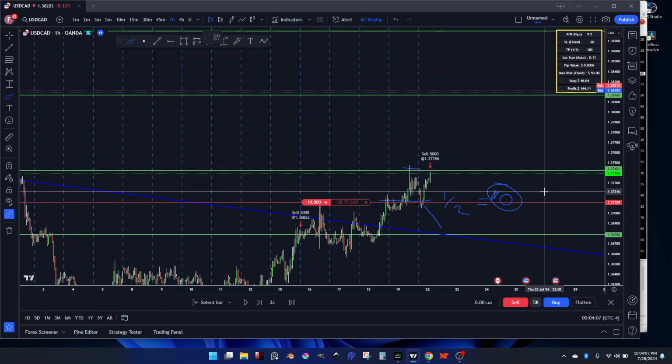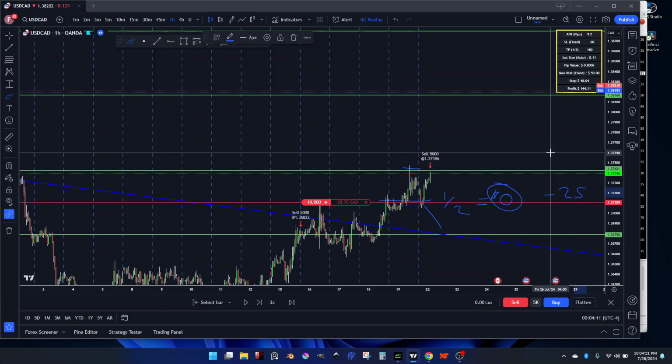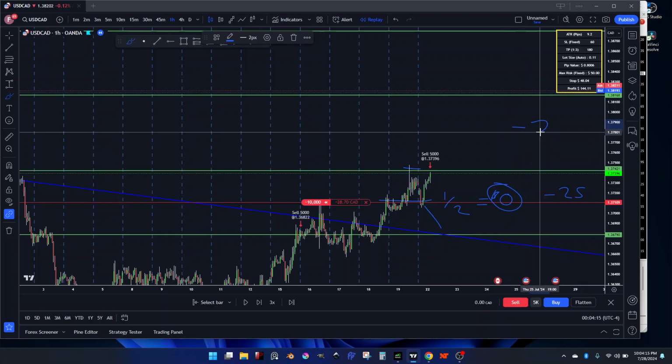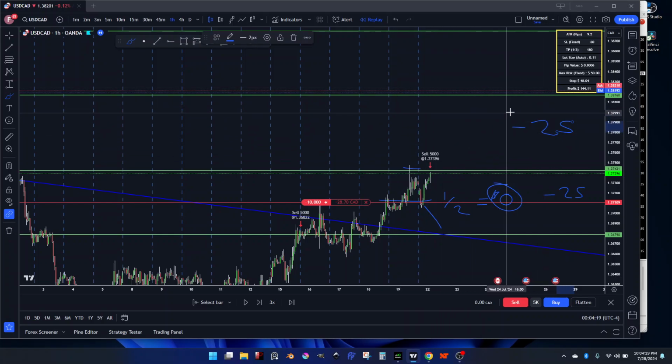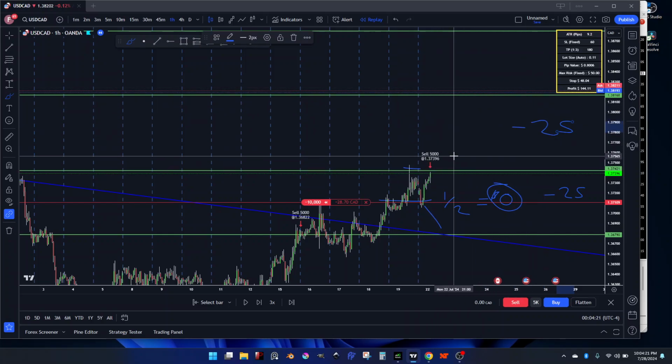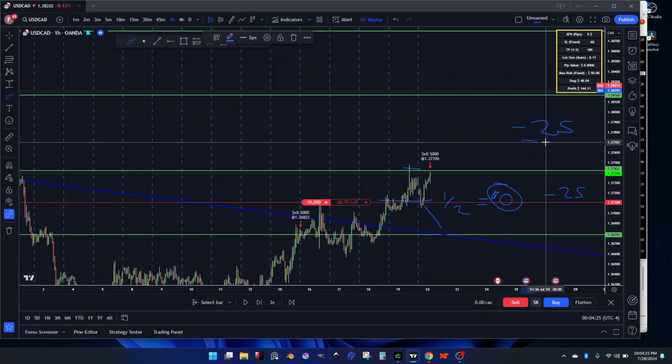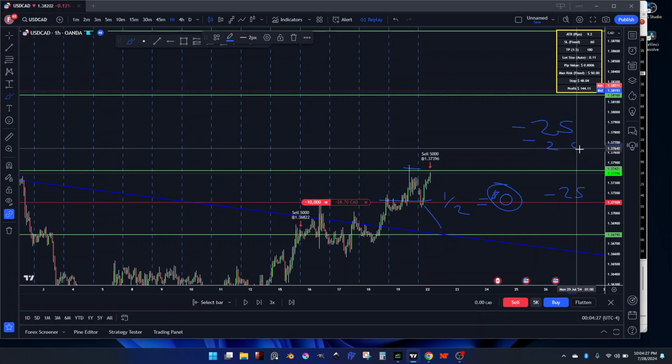So our first level, -25, that's our original risk. And then the second level, you're going to have a -25 again, because it's on the pattern. And then we're going to have an additional 25 from the second add-on. So we're going to make a loss of 50 in that instance.